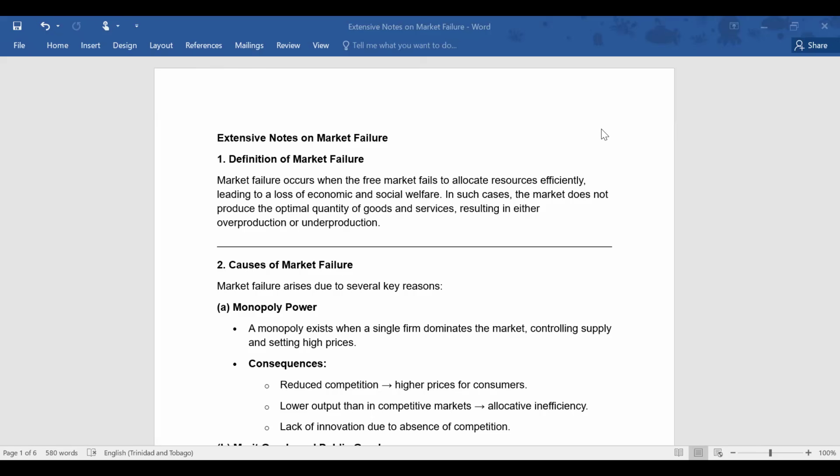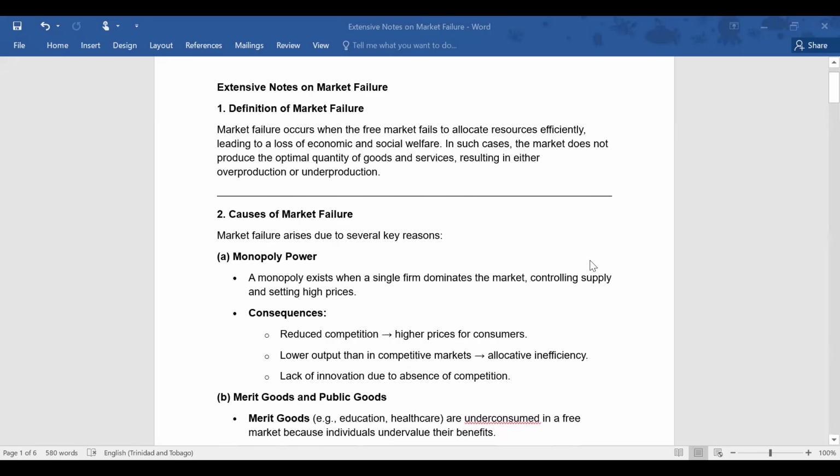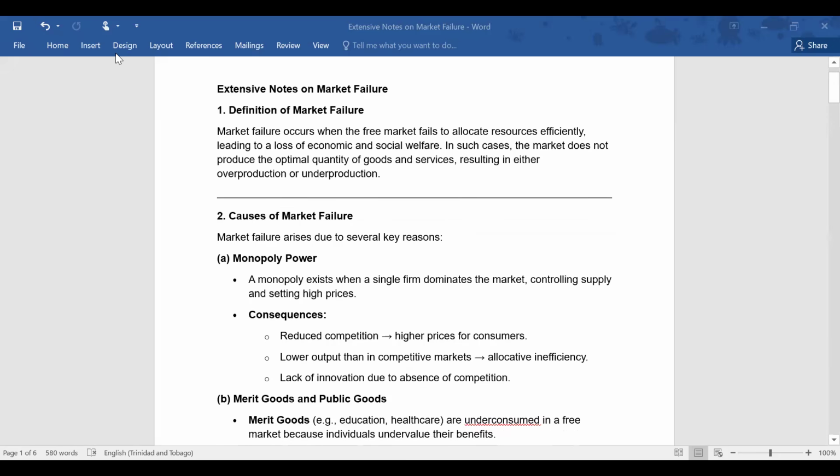So once we don't produce the optimal quantity of goods and services, we have market failure. If we produce too much of some good or too little of another good, that is market failure. Now, there are some main causes of market failure. The first one being something that we looked at just now: monopolies.